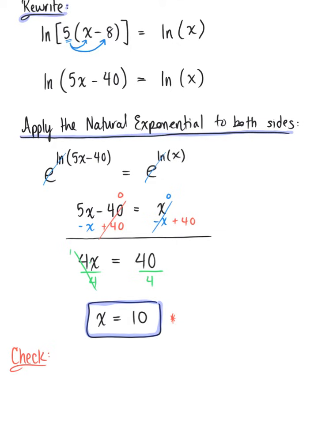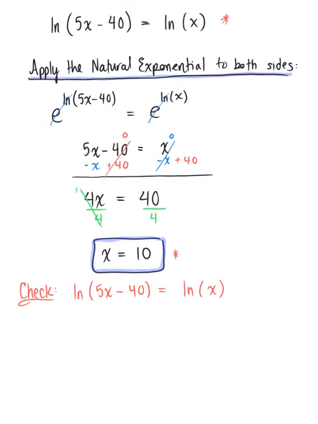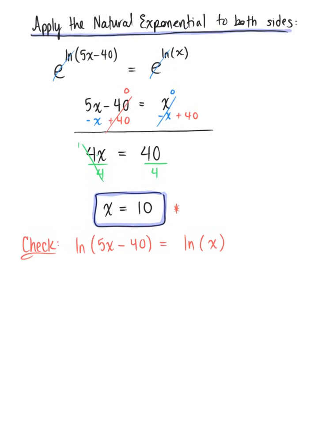So what I'm going to do is use our simplified original expression, written as the natural log of 5x minus 40 is equal to the natural log of x. And now we want to check that this is in fact going to hold true if x is 10. So let's find out. If we let x be equal to 10, what happens?